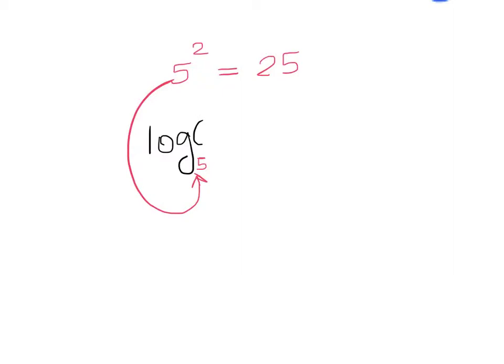The 25 goes inside the log, inside parentheses, and then the exponent is going to be 2.